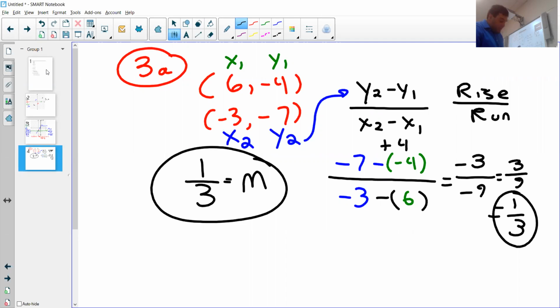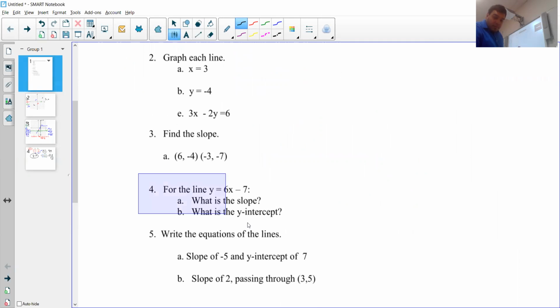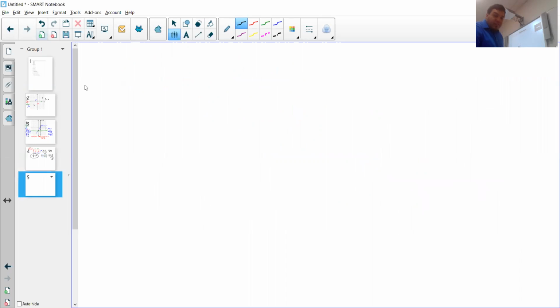Okay, I'm going on to the next part, which is number 4. For this line, y equals 6x minus 7, what is the slope and what is the y-intercept? This is more straightforward than it sounds. So I'm going to rewrite it here. Number 4.